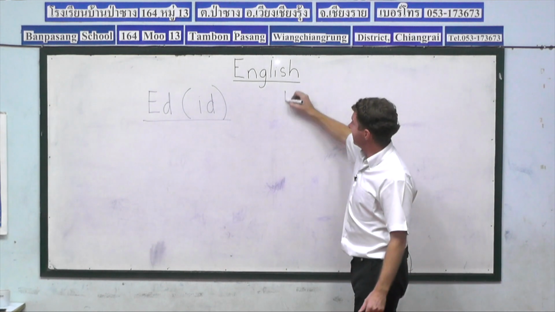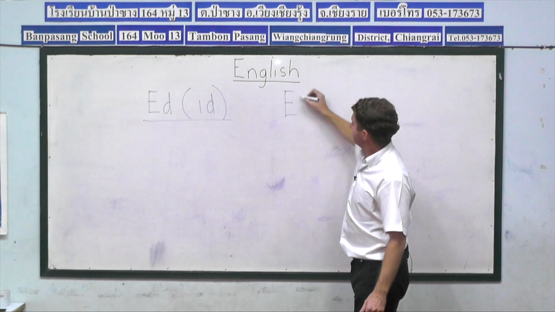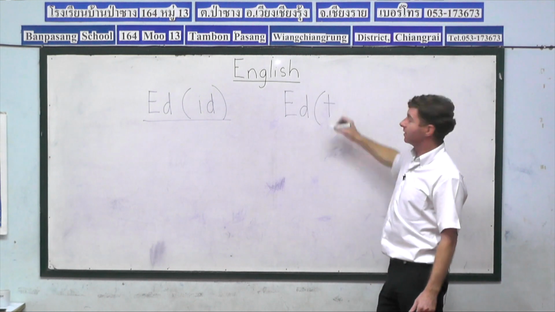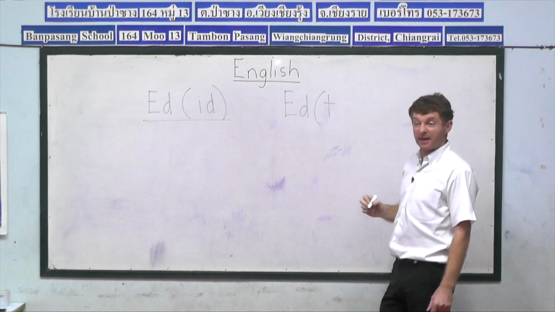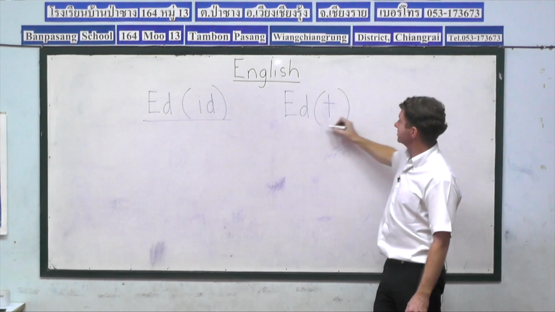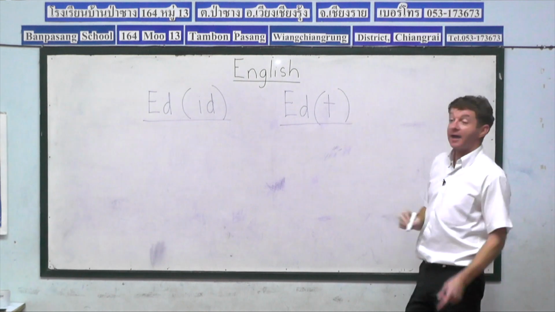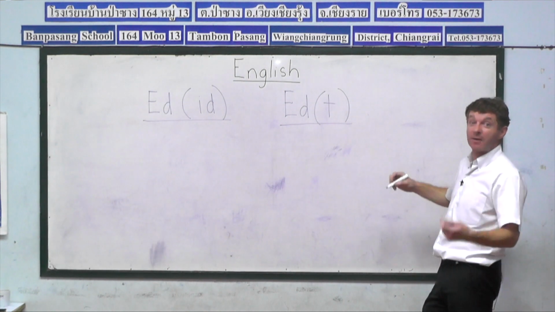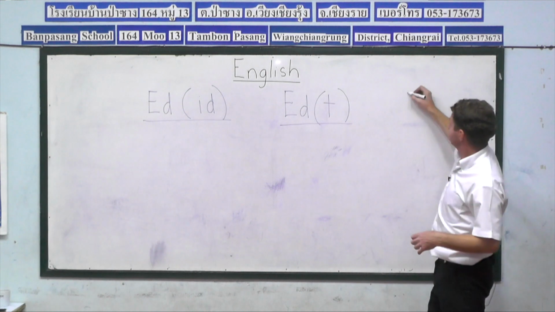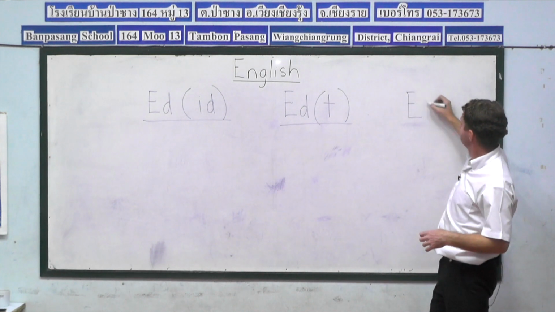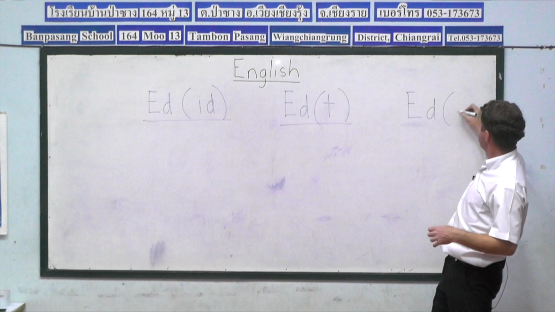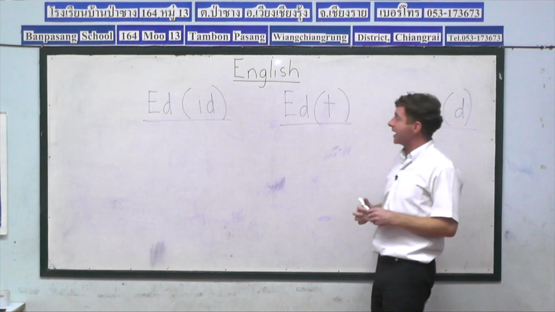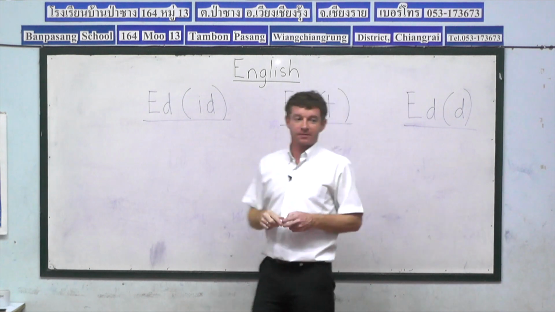But then we had ED pronounced as just T. So that can be our second column. And then finally, ED pronounced as D. E, D as D. So our 3 columns. Ready, guys? Id, T, D.